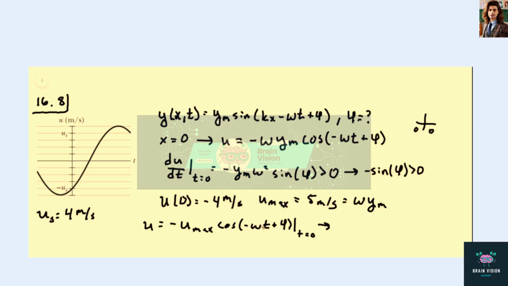This is going to be 0. So we have that the phase is going to be an arc cosine of 4/5. And so this is going to be either plus or minus 0.6435 radians.